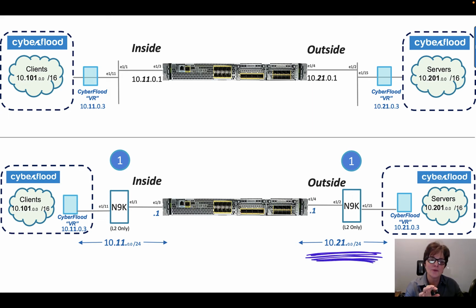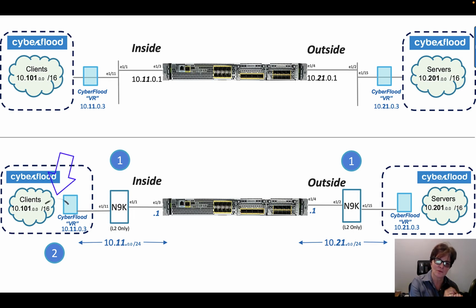The other thing that is different between the top and the bottom, besides the two Nexus 9Ks, layer 2 only, and also the virtual routers being inside of the CyberFlood bubble, is that there is this construct between the CyberFlood virtual router and the clients. I touched on it in one of the other videos, it is not a cable, okay? You connect the clients to the virtual router for those clients that is inside of CyberFlood.